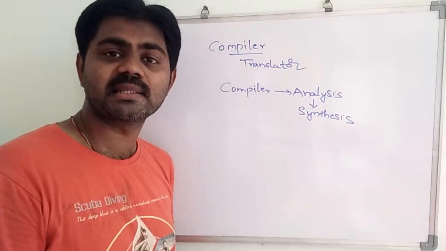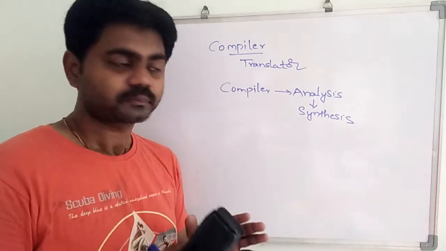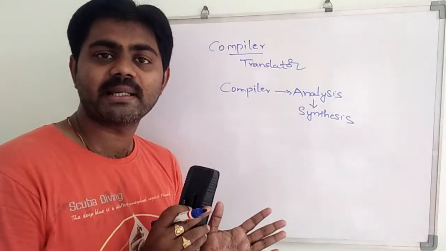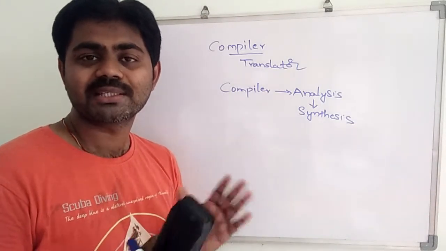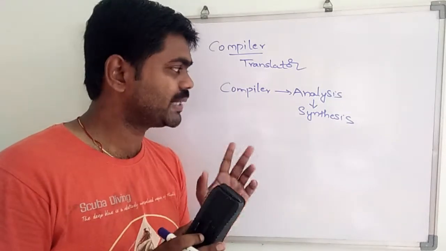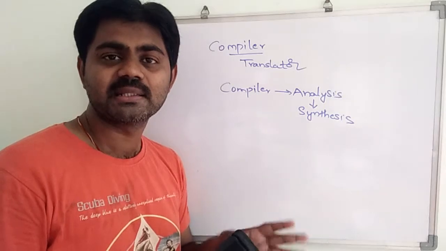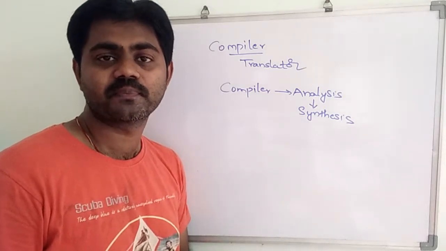The compiler is divided into two: the front end of a compiler and the back end of a compiler. That's the reason I'm dividing the compiler into the analysis and synthesis parts. So what does the analysis part contain? What does the synthesis part contain? Now we'll see.